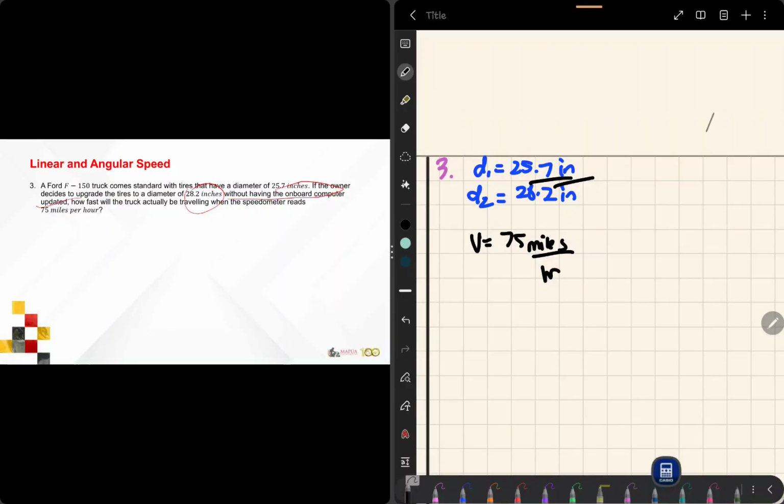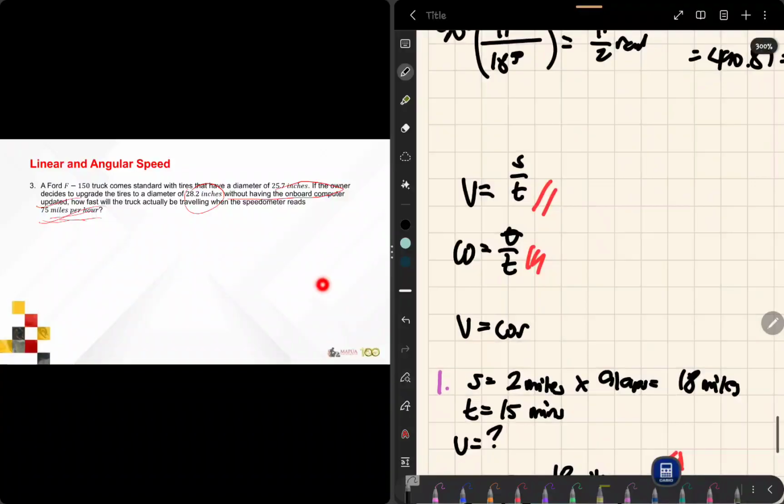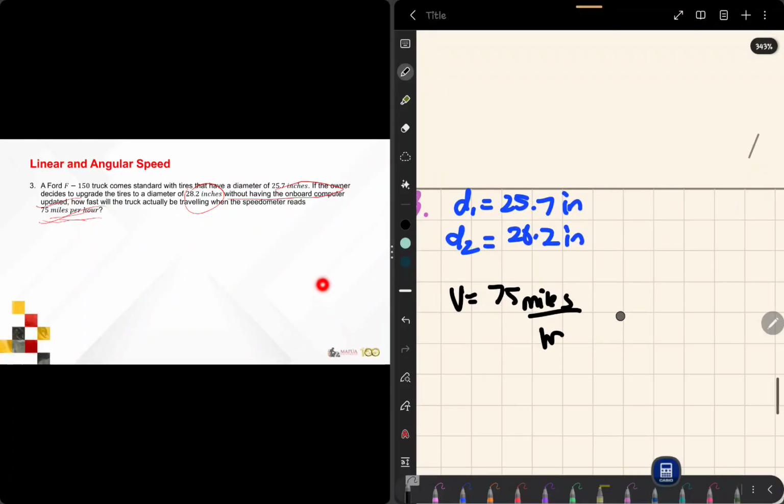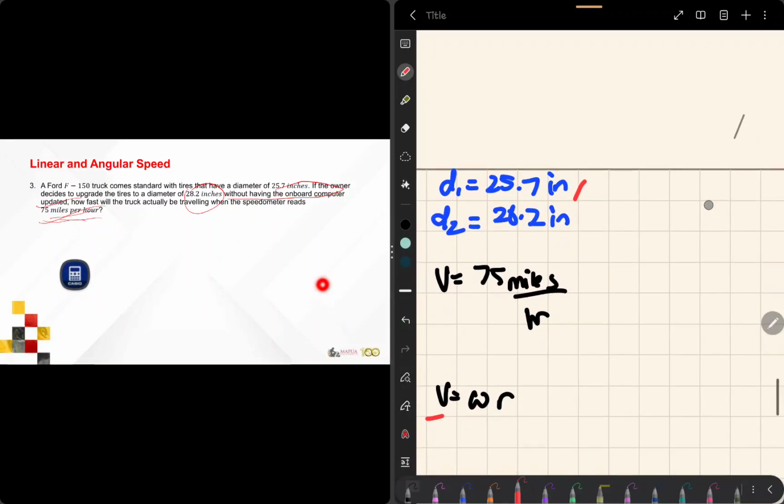Since the given speed in this problem is for the original tires. So, using our formula again, to find omega, we have V is equal to omega times R. V is equal to omega R. We have V, but we still don't have R. Again, we have the diameter of our tire, and if we have the diameter, we can get our radius.